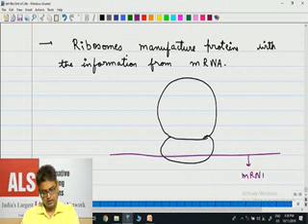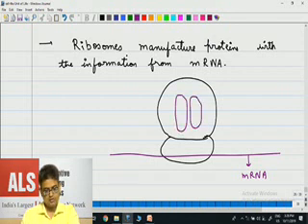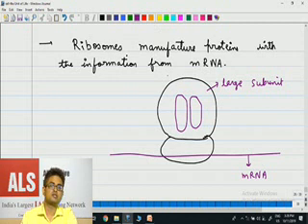Messenger RNA is read by the small subunit, and the transfer RNA comes inside these two subunits. Okay, these are two places. This is the large subunit. The peptide bond formation takes place inside the large subunit. Messenger RNA enters the small subunit.